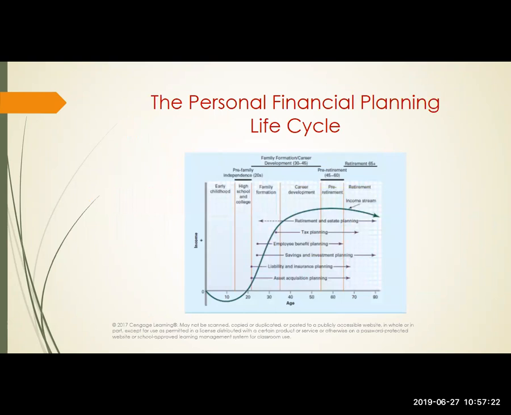This chart looks at our personal financial planning over our lives. So on the x-axis is the age, on the y-axis is your income. And probably no shock, most of you are probably in the 20 to 30 range, early 20s, you know, very low income, you're in school, you aren't really acquiring assets, you're certainly probably not worried too much about saving or insurance or tax planning because you're at the very beginning of the game.